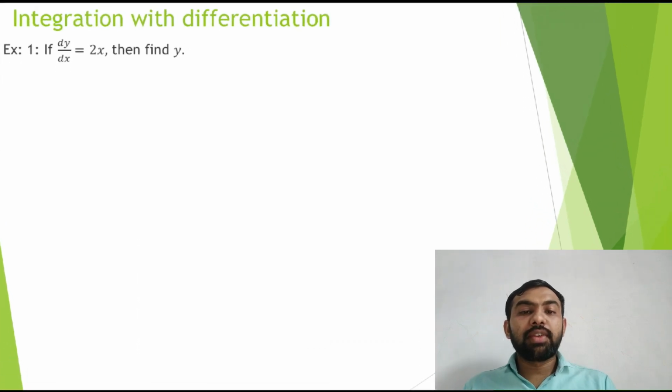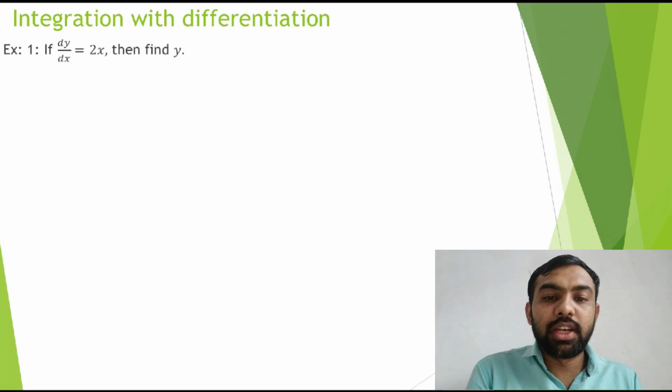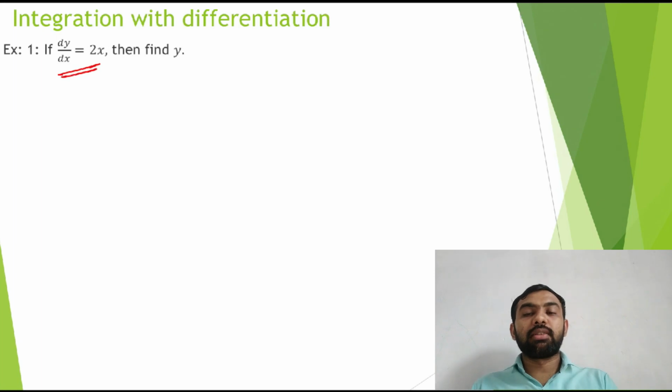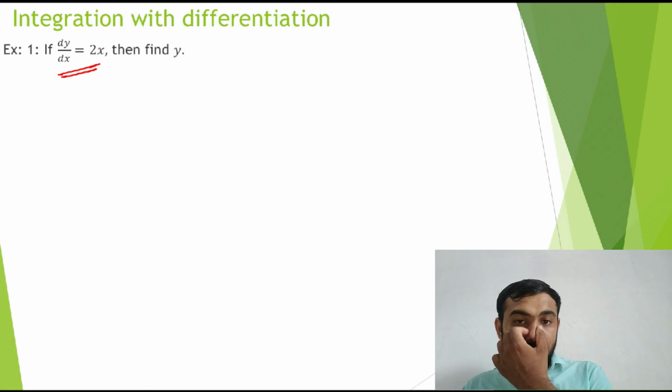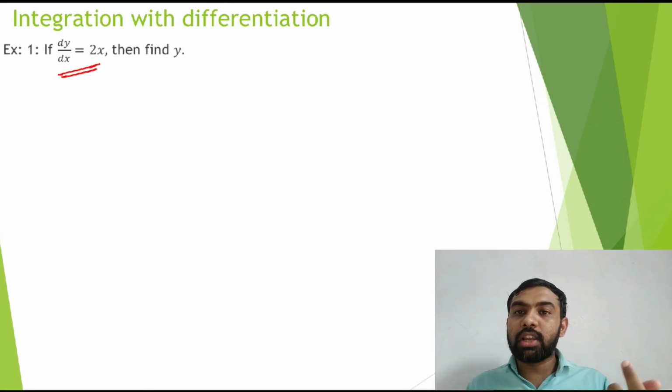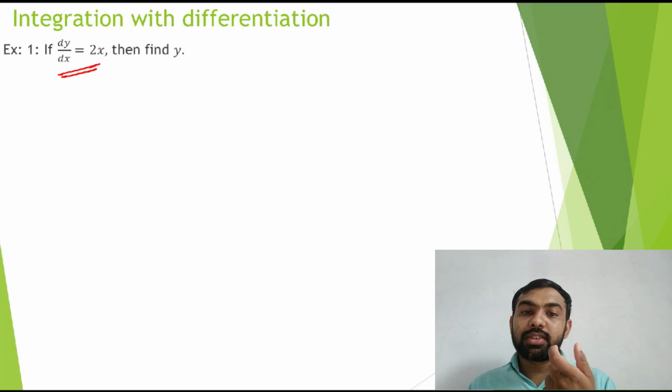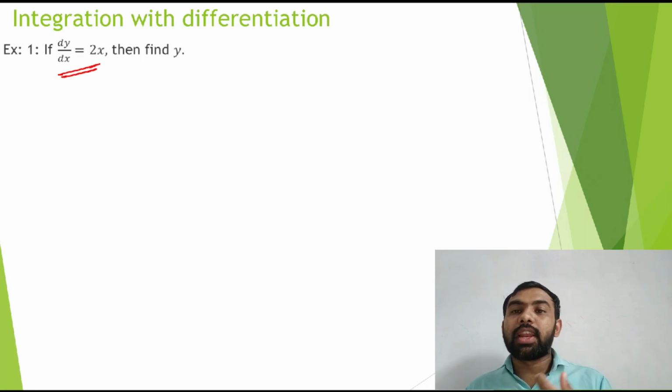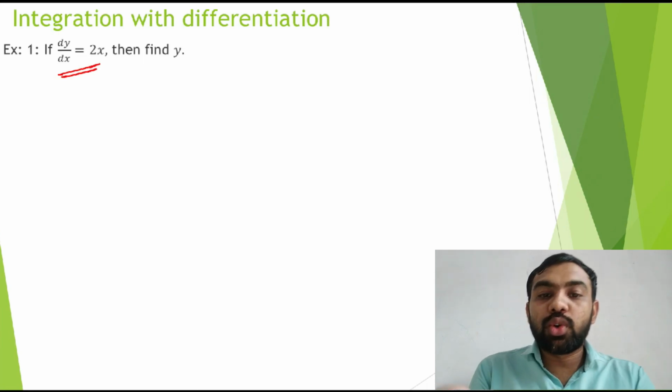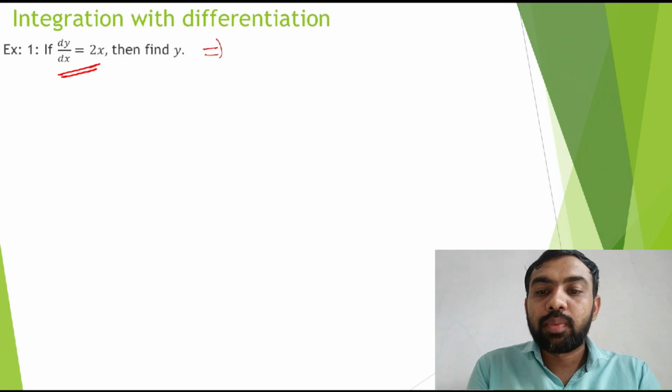Suppose it is given dy by dx is equal to 2x, then find y. So if something like this is given to you, what do you have to do? You just arrange the terms in such a way that y is only on one side and x is only on the other side. If this type of terms is given to you, then you just arrange the terms in this way.